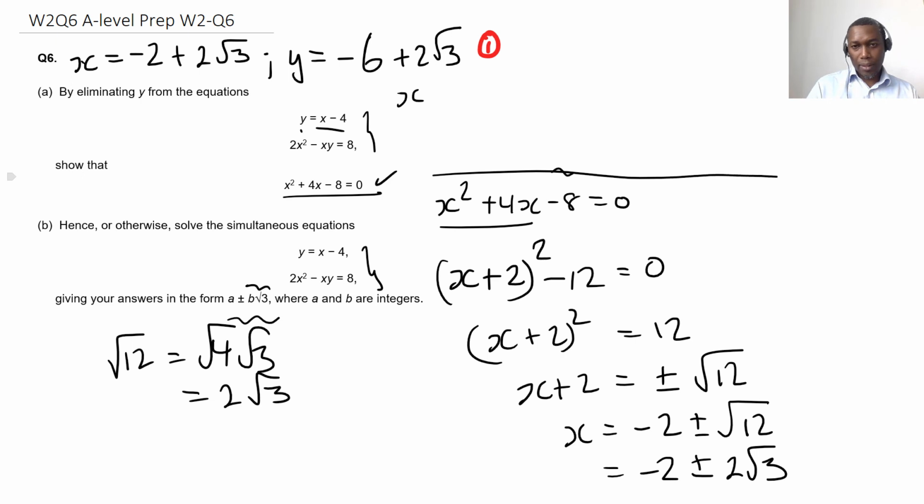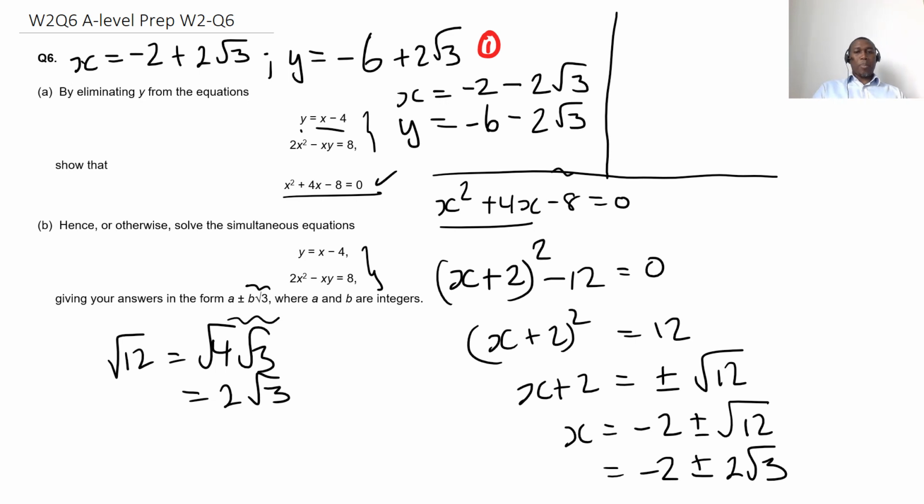So I'll just draw a line there. I want to keep everything clear. X is equal to, this side we'll go negative 2, take away 2 root 3. It's negative 2 and we're still taking away 4, so it doesn't change. The other pair of numbers will be y is negative 6, take away 2 root 3. So it's only the minus 2 root 3 and a plus 2 root 3 that comes into it, okay?